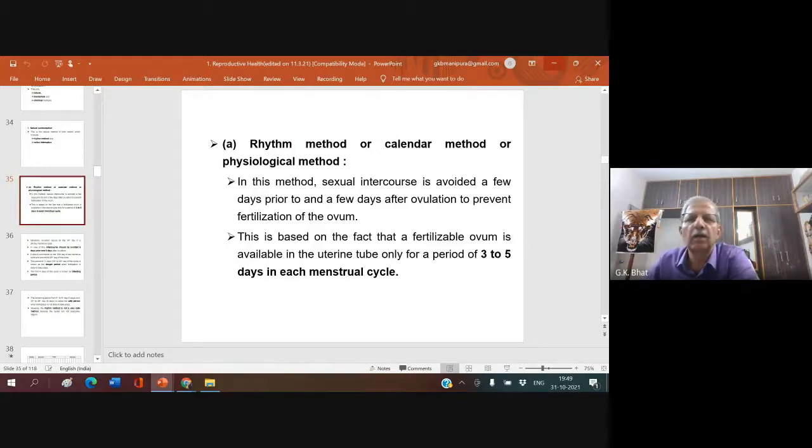The calendar method is also known as the rhythm method, also known as the physiological method, or abstinence. They are all one and the same.